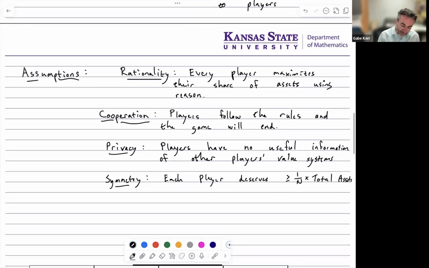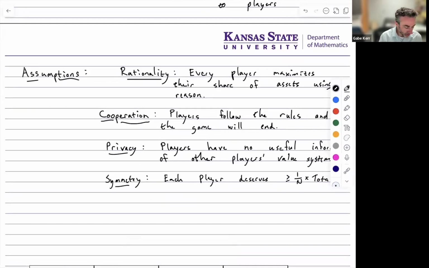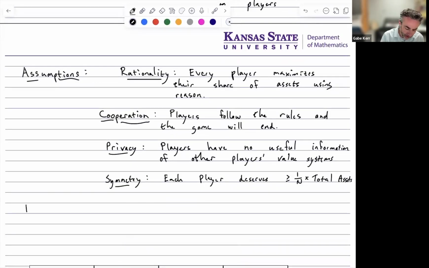So, to drive that home a little bit, to make it understandable, we have some notions of what this fair share is and how that works. So let me talk a little bit about fairness. A fair share, here we'll use the lowercase letter s.